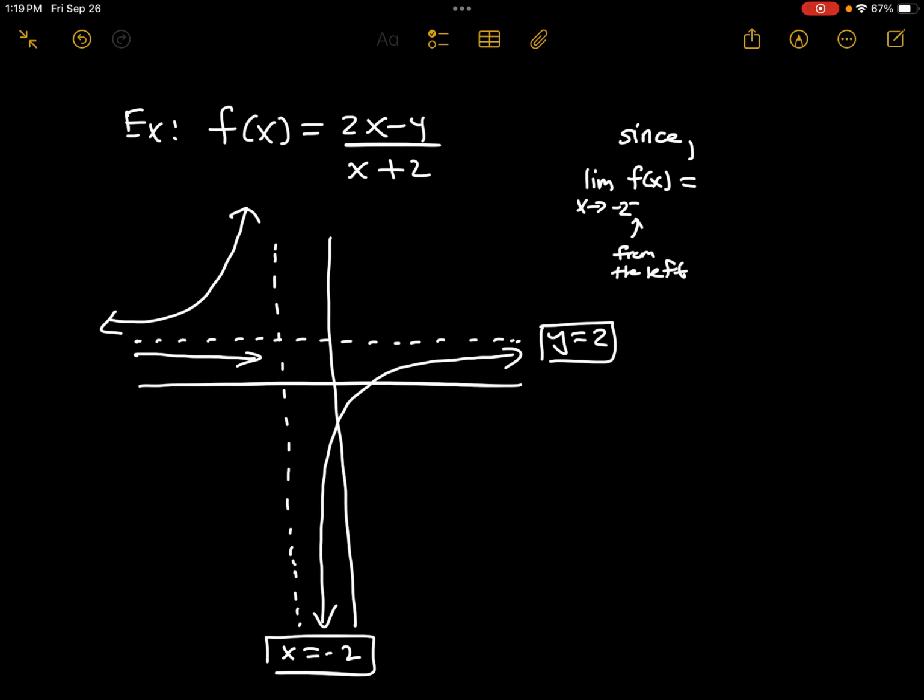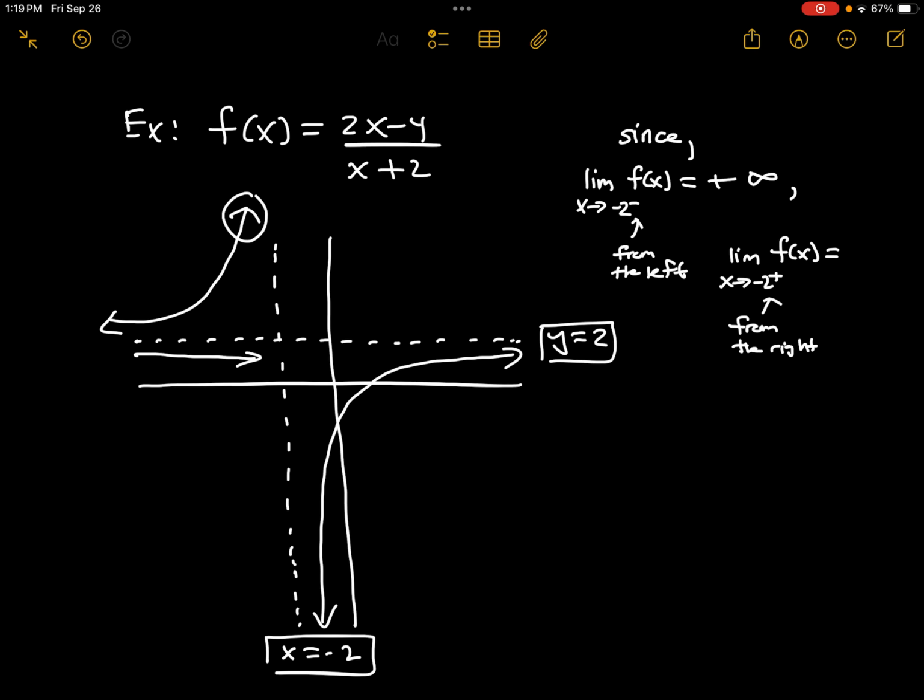And then likewise, I could say the limit as x approaches -2 from the right. Again, this little plus symbol just means from the right, of f of x. So if we analyze our graph, as we approach -2, okay, -2 is right here with this dashed line. As we approach -2 from the right, notice the y value, f of x, is going to -infinity, okay?